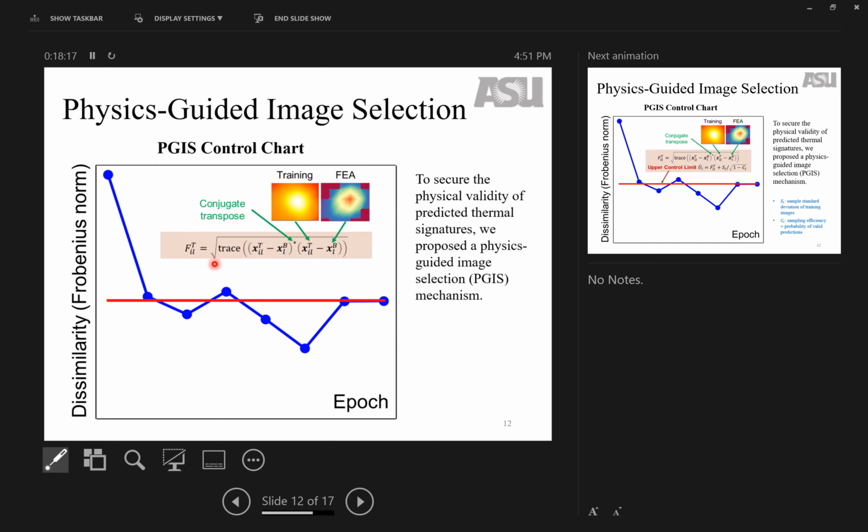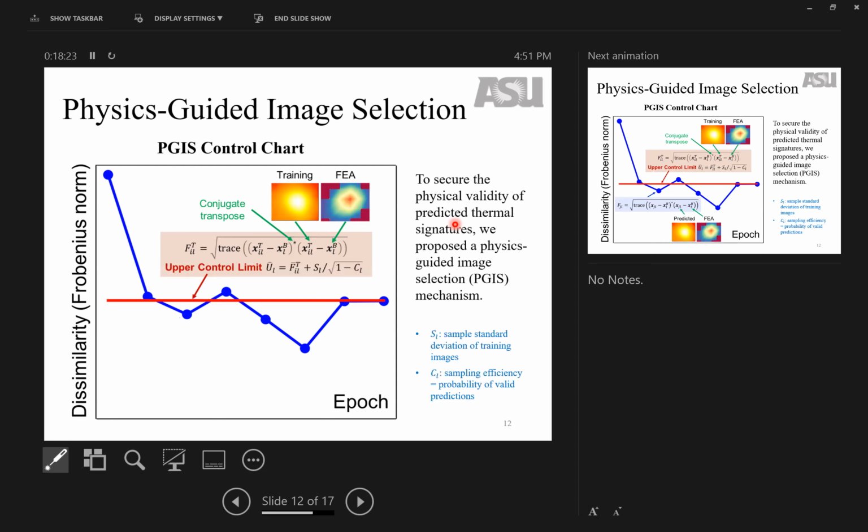This characterizes the difference between the training data and the physics benchmark. With that, we can calculate a criterion, which is the control limit here. This is a criterion for whether the predicted image would be physically valid or not. If it is a physically valid image, then the Frobenius norm should be below this control limit.